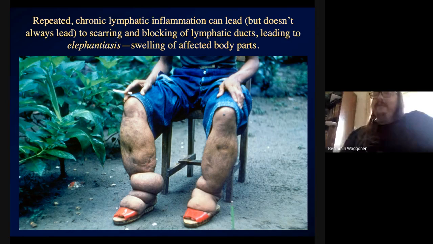Now, that's not a perfectly good name, because that -iasis suffix means infection by something. So, for example, infection with fly larvae is myiasis. Infection with, let me think, we've seen a couple of examples of this.